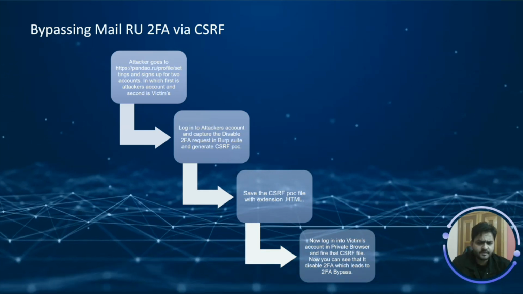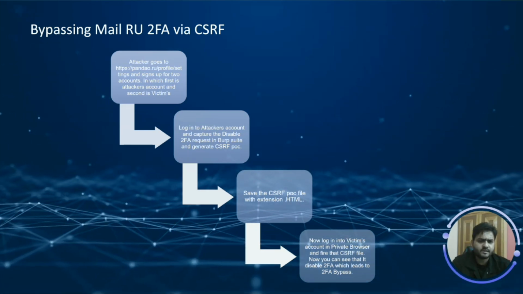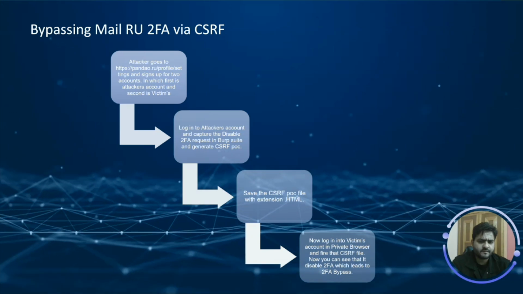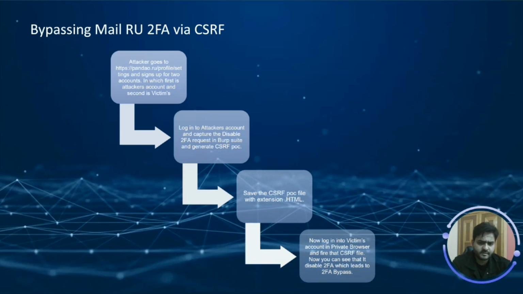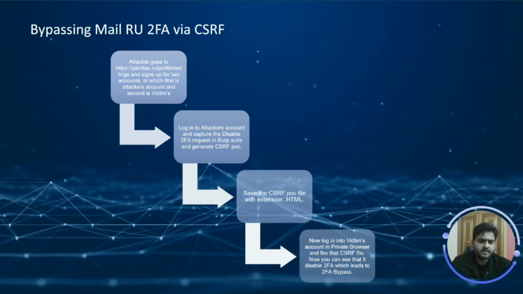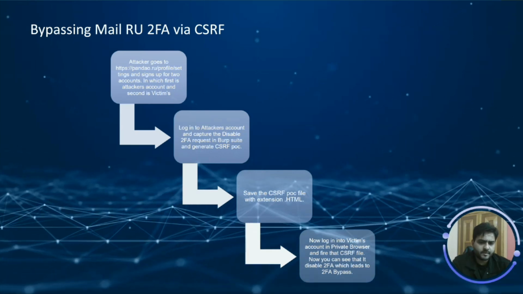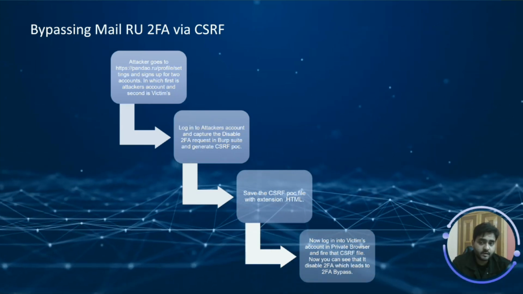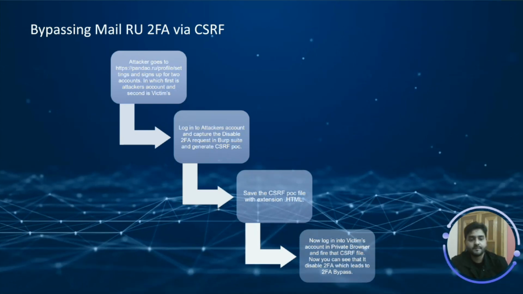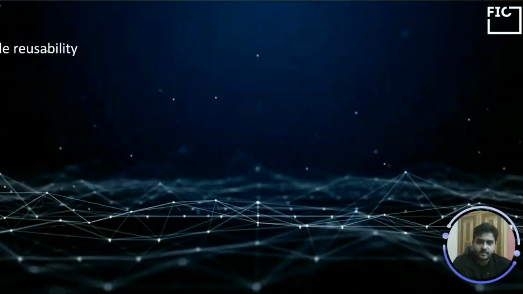It was very, very easy to bypass that. We saved the CSRF POC with the extension .html, and then we log into the victim's account and force the victim to click on that particular link, and their 2FA would be easily disabled.